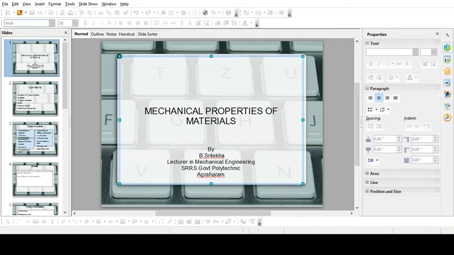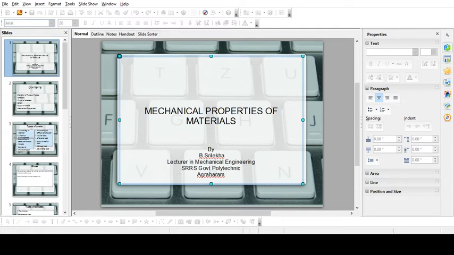Next, hardness. This is the most desirable property of parts that are subjected to wearing. Wearing and tearing of the material will be very little if the material is highly hard. Generally, hardened tools are used, tools with high hardness.